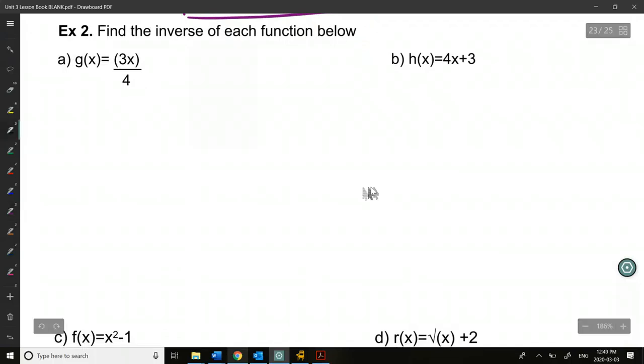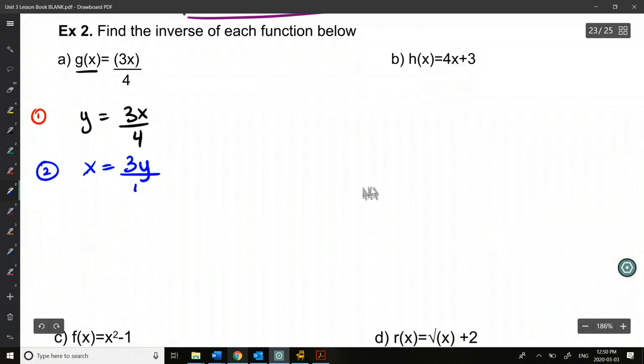So first step, replace your function notation with y. Okay, so that's step number 1. Step number 2, swap x's and y's. So wherever you see an x, replace it with y. Wherever you see a y, replace it with x. And now we want to get y by itself again. So let's multiply up the 4. Those will cancel.